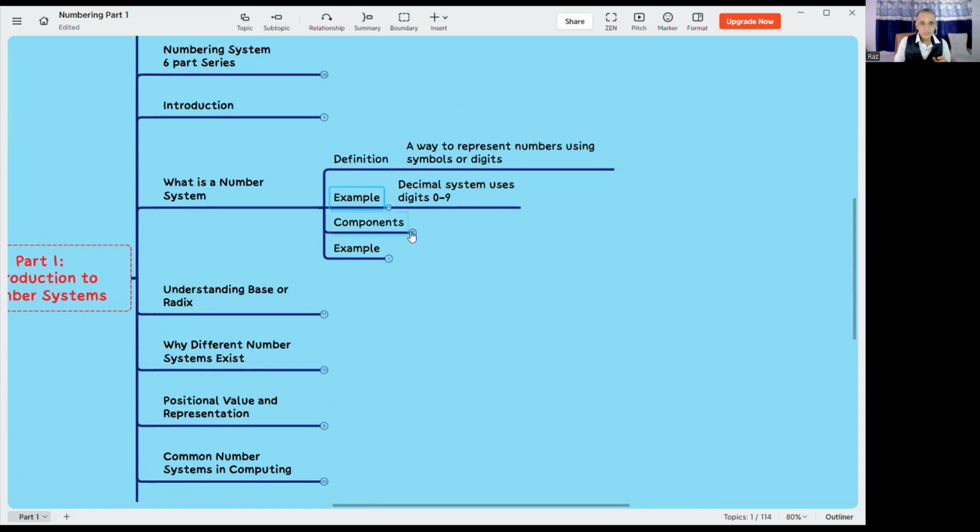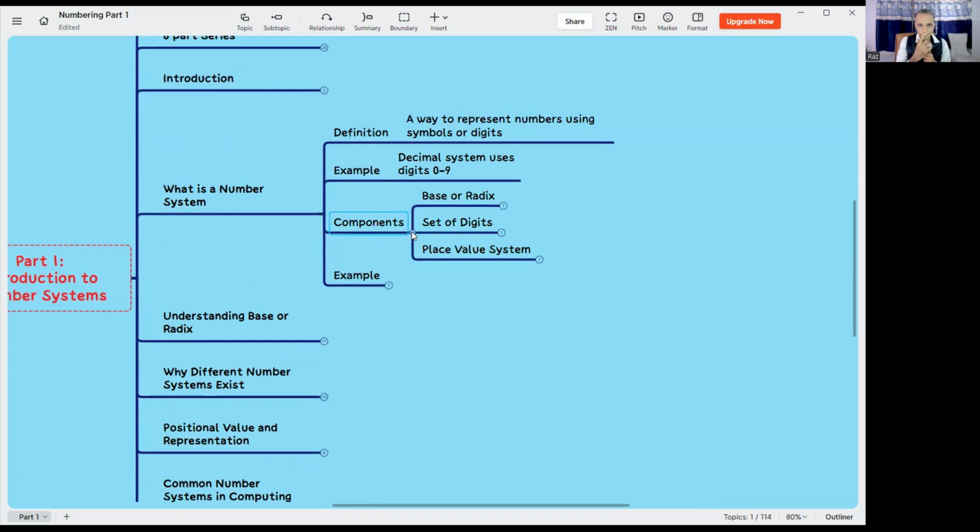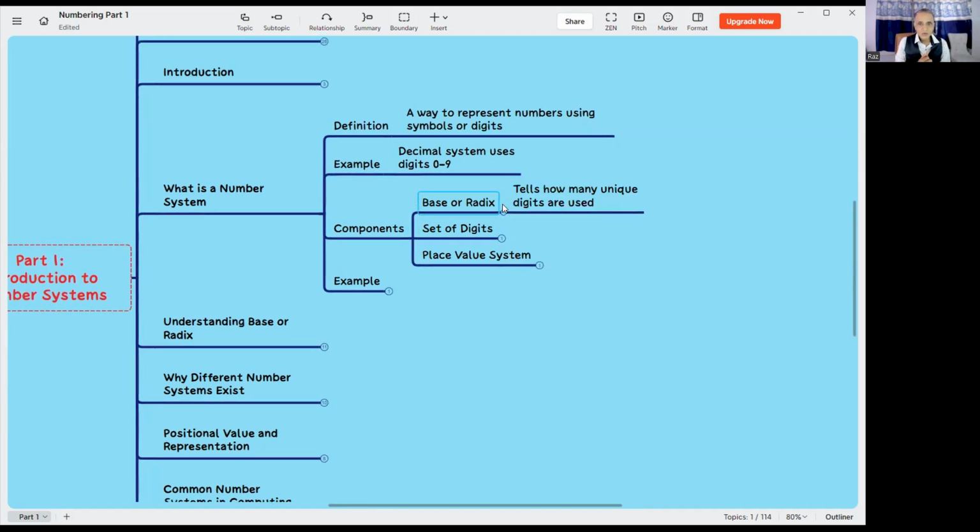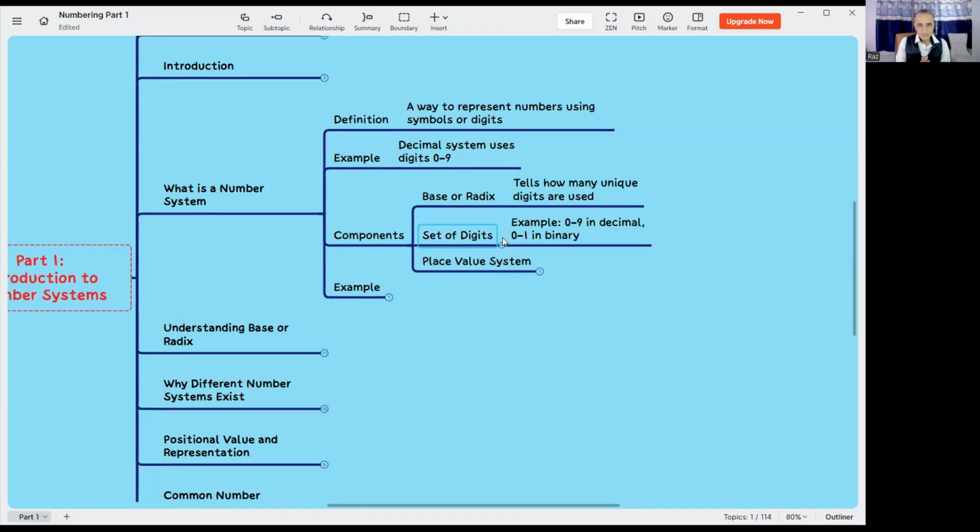What are the components of any numbering system? Something called base or radix. What is base? It tells how many unique digits, how many unique symbols, are used in the set of digits. For example, decimal uses digits 0 to 9, binary 0 and 1. And another thing is place value.